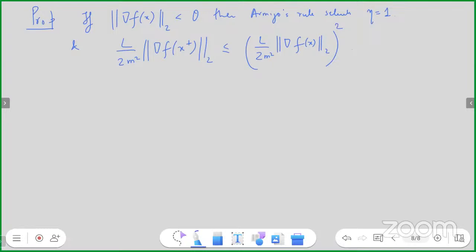Okay, how should we prove this? We've seen that this is sufficient for quadratic convergence. So all we are proving is that the gradient is decreasing fast enough. What would be sufficient to do something like this?